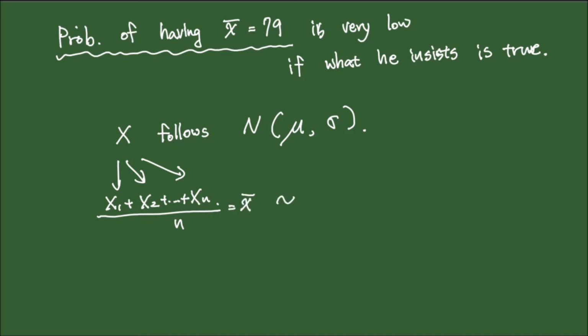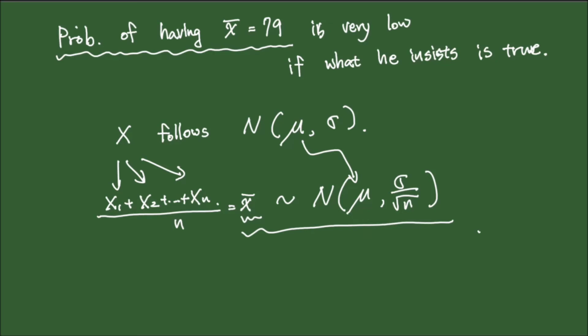That follows the normal distribution whose mean is the same as the population mean, and the standard deviation of this x bar shrinks to sigma over square root of n. So we have talked about this before, right?